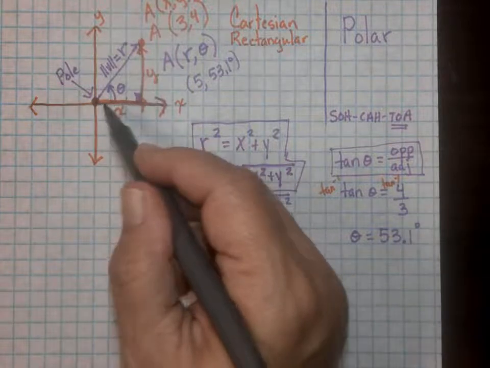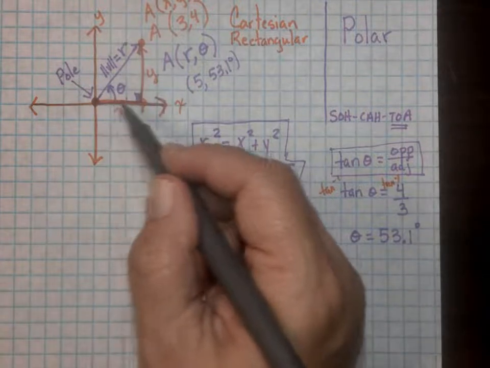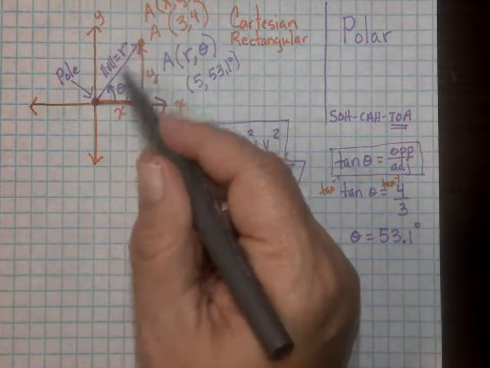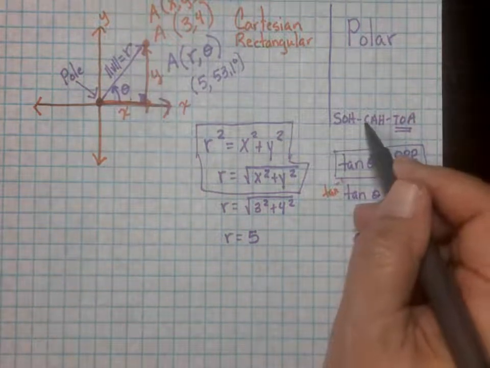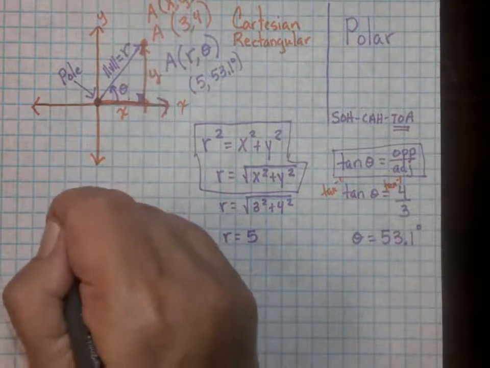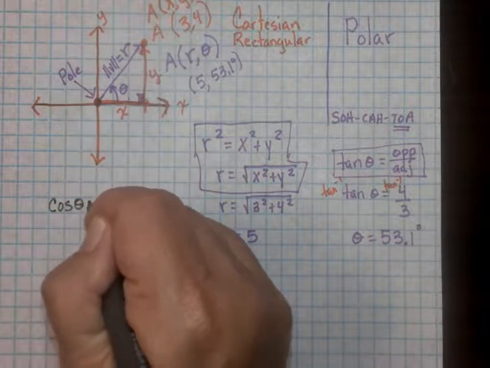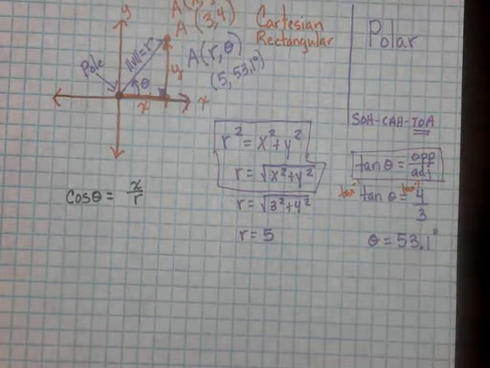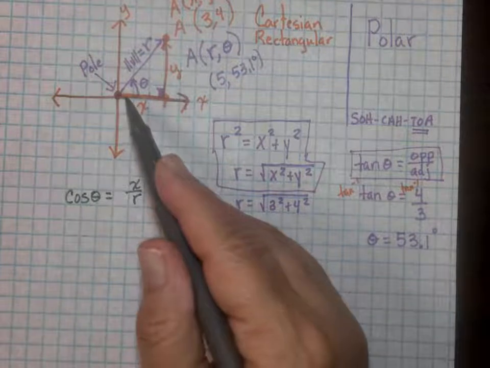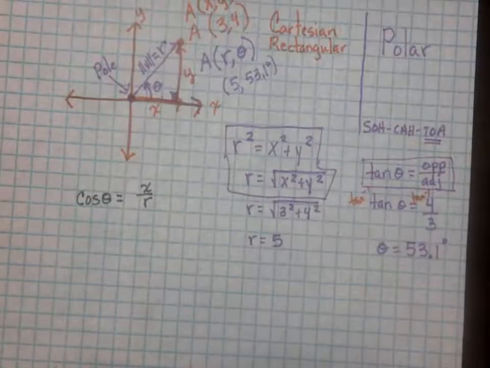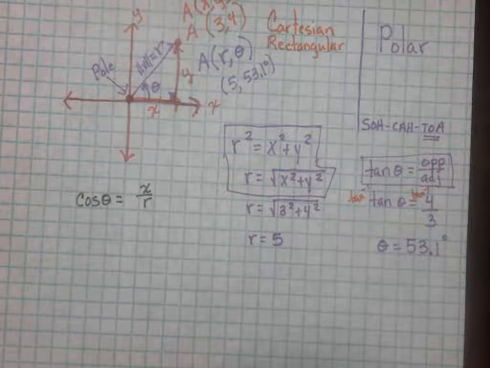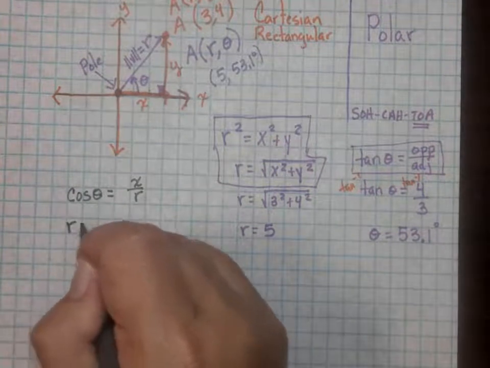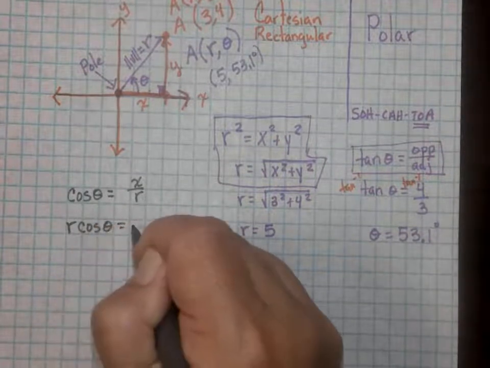In right triangle trigonometry, x is my adjacent, r is my hypotenuse. Adjacent and hypotenuse are related with cosine. So cosine of theta is equal to x over r. If I multiply both sides by r, I have r cosine theta is equal to x.